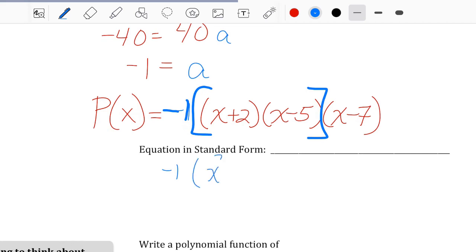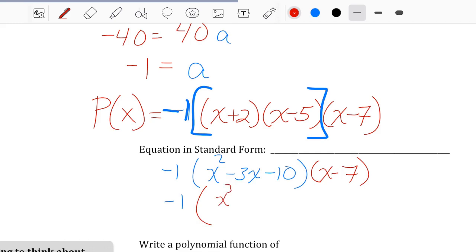So I'm going to get an x squared, a minus 5x, and a plus 2x. So that's x squared minus 3x, and then minus 10. Still have my x minus 7 here. Keep your -1 out front, but you're going to multiply all this stuff together.